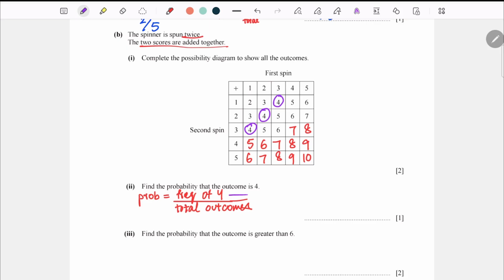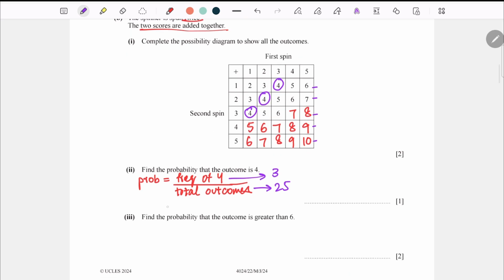So the frequency of 4 is 3 and the total number of outcomes are 5 times 5, which is 25. So the final probability will be 3 divided by 25.